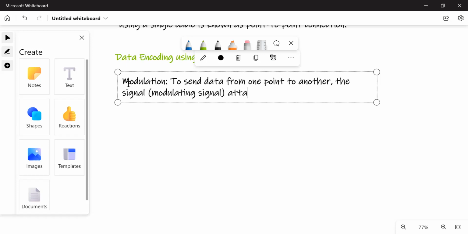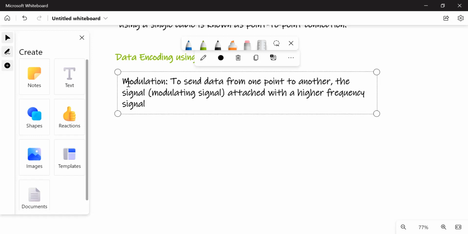We have to use with another signal we call higher frequency signal, we call carrier signal.